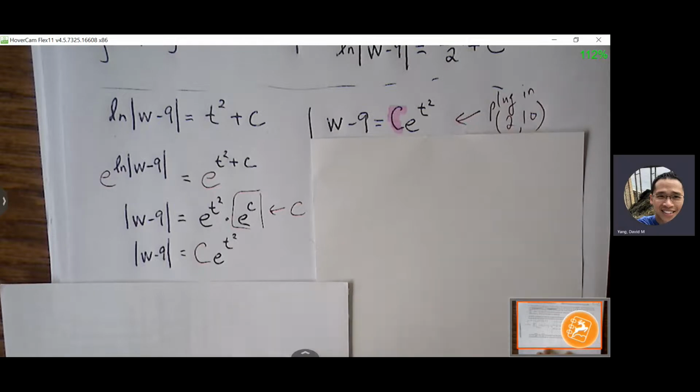And now I can solve for C a lot easier. I feel like it's a little bit cleaner here to solve for C without dealing with the natural log. So insert my ordered pair 2, 10. 2 in for T, 10 in for W.